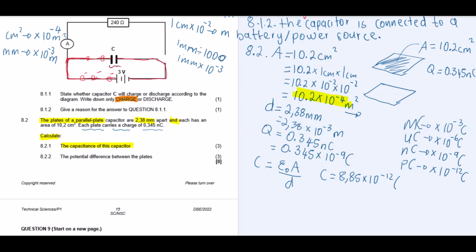We take the area, which is 10.2 times 10 to the power of negative 4, all over the distance, which is converted to meters. We must always make sure that all these quantities are converted to the correct SI units: 2.38 times 10 to the power of negative 3.